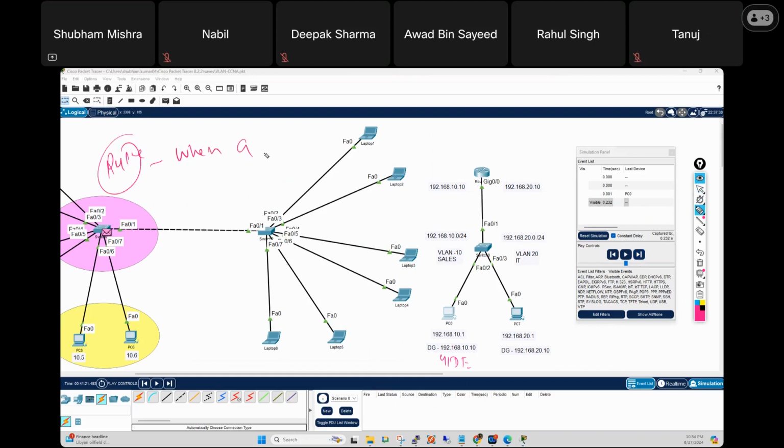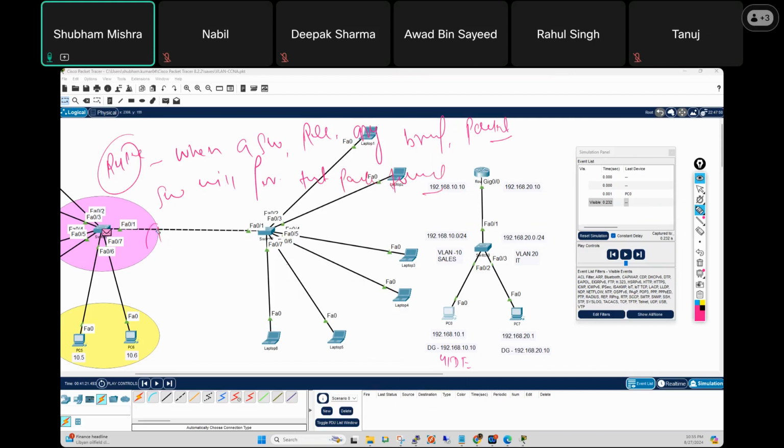When a switch receives any broadcast packet, the switch will forward that packet first through all the interfaces which are part of that VLAN. Second, through the trunk port.